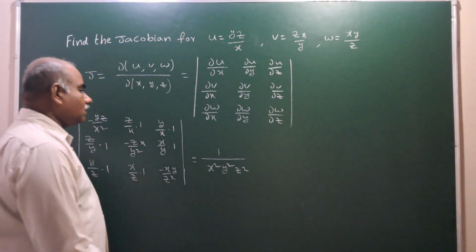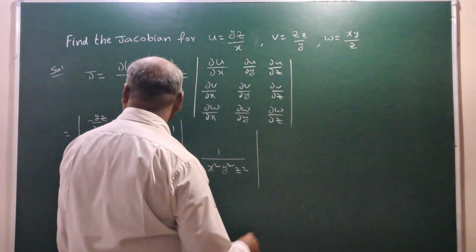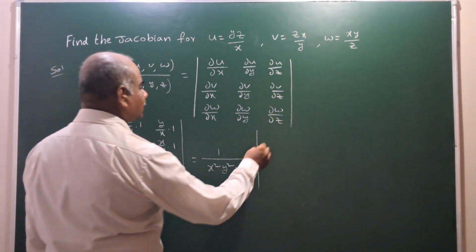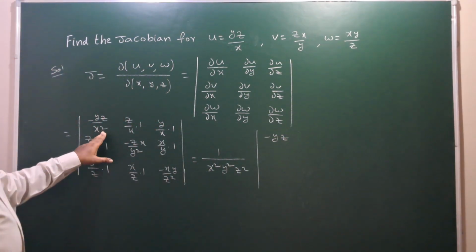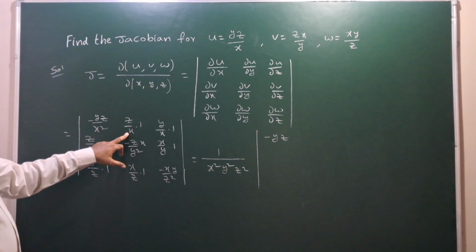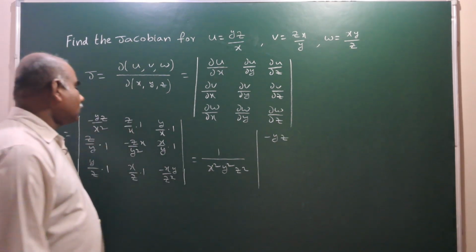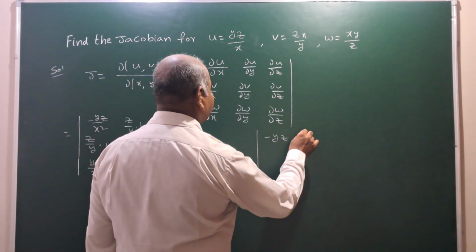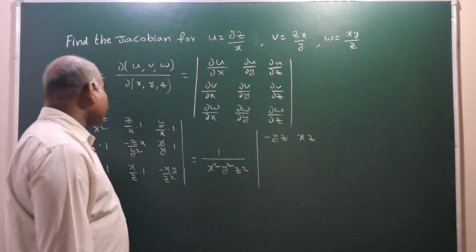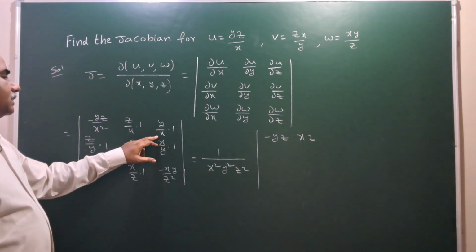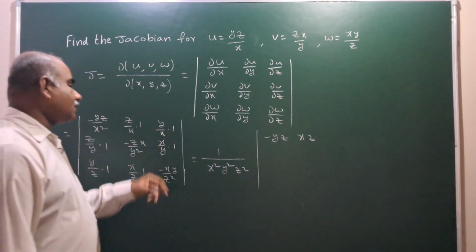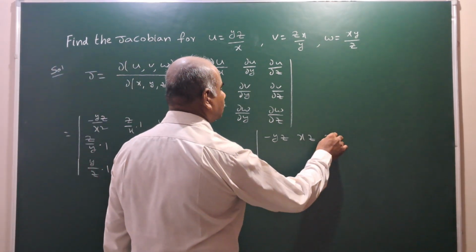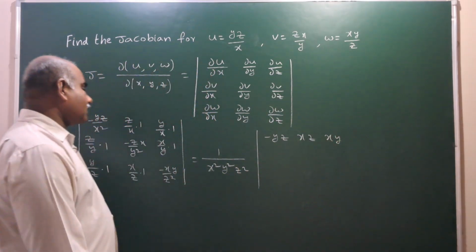Now the first row becomes like this: minus yz. Here x square is there. Here there is no x square, only x is there, so the remaining is xz. Here also only x is there, but we take x square as common, so it becomes xy. Okay, this is the first row.